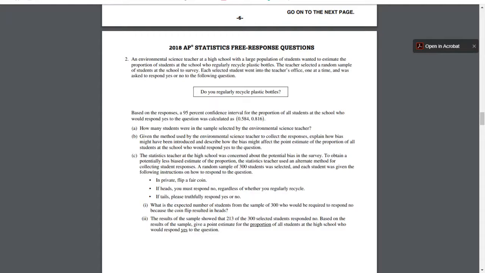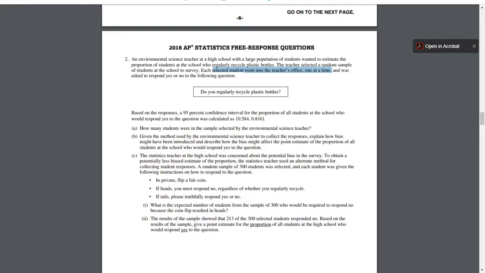So the important bits here is that right there. The teacher's calling them into the office, and recycling is what you're supposed to do, and you're talking to an authority figure, especially an environmental science teacher.